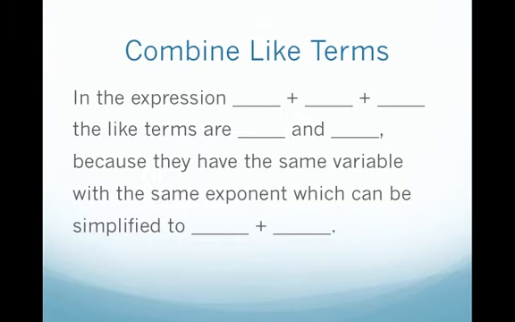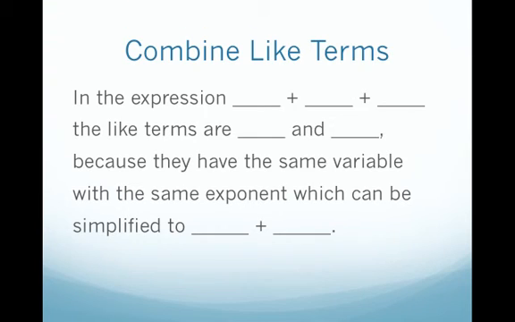In the expression blank plus blank plus blank, the like terms are blank and blank because they have the same variable with the same exponent, which can be simplified to blank and blank. So in the first three blanks, you're going to come up with an expression that has two like terms and one different term.